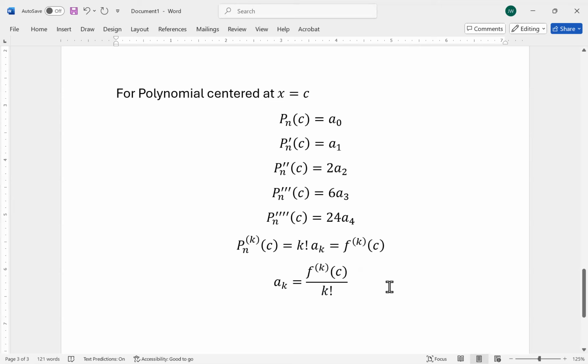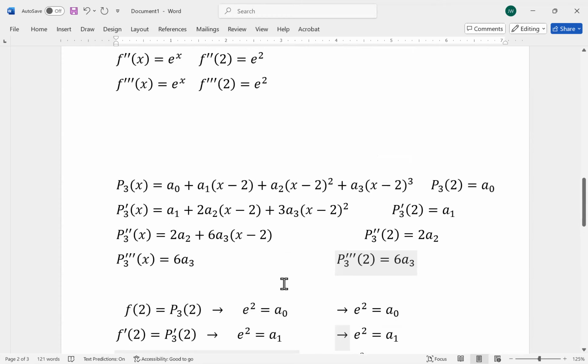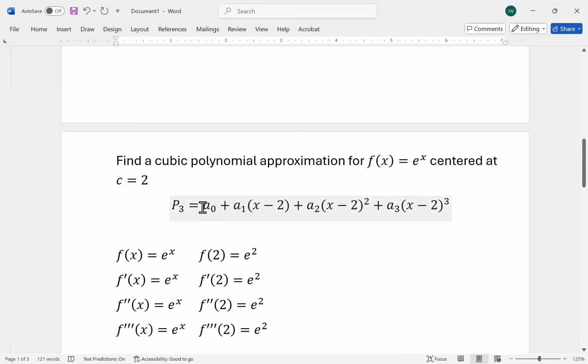That's going to work for every single k, including all of these ones that we've already done. If you go back into the last two examples, you can confirm that if you'd like. So now I don't have to go through all of this work of forcing myself to figure out what the coefficients are.